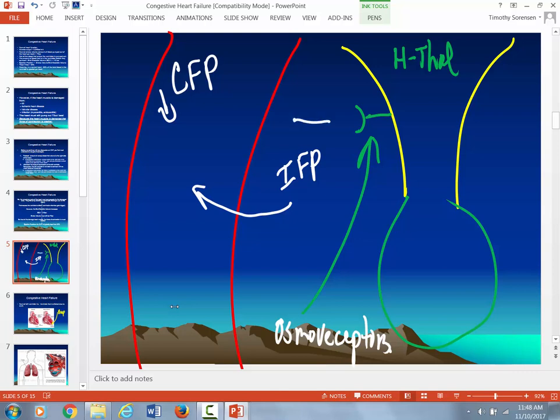So if you recall, osmolarity is solute over solvent. If you remove solvent due to increasing interstitial fluid pressure, what's going to happen to the osmolarity of the interstitial space? It's going to go up, that equation thing.